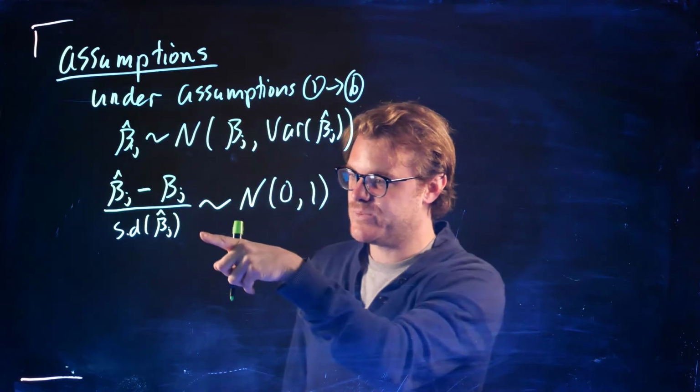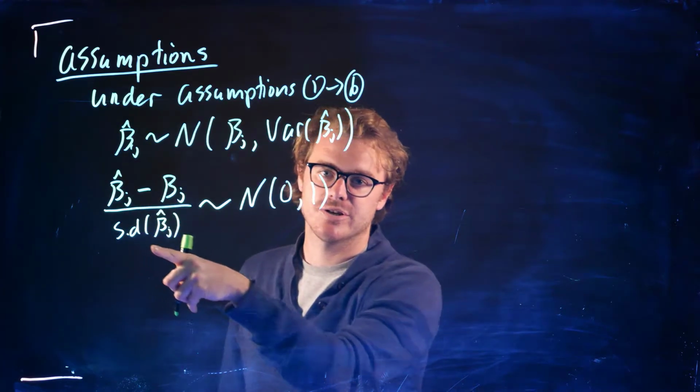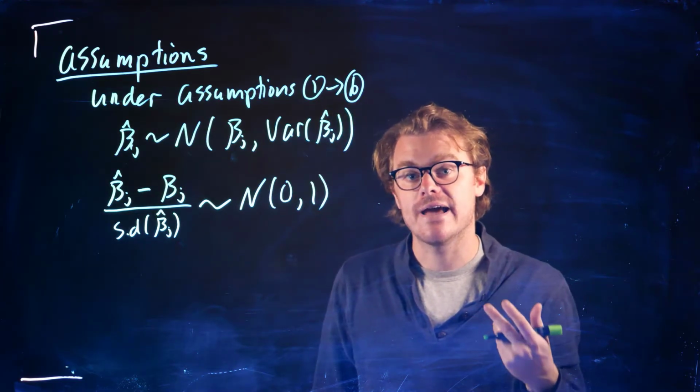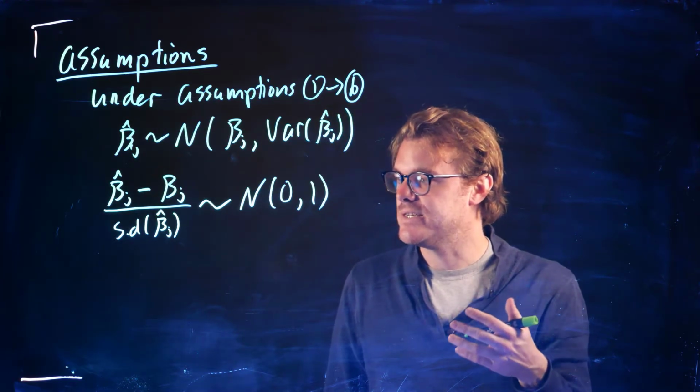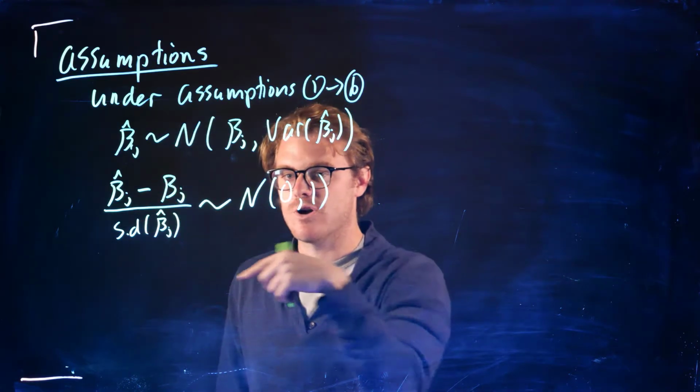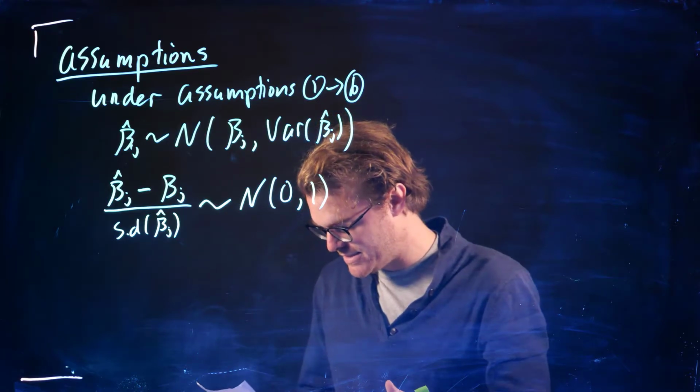Now, one of the issues is we don't actually know the standard deviation, right? So a lot of times we're using the standard error. And based on this formula is how we're going to come up with our test statistic.